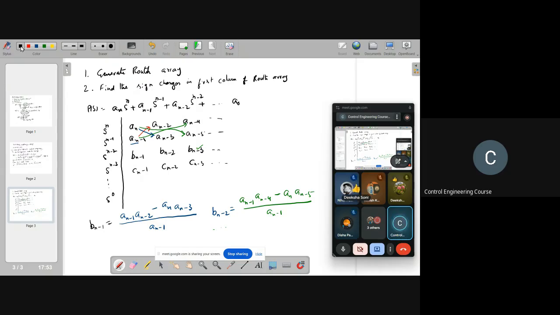So the same thing for the case of cn minus 1, you have to operate between these two and these two, like this here and this one. In this way, you have to complete all the elements of the root array, and then you have to examine the signs of the first column elements.